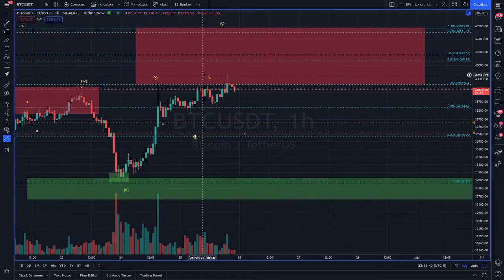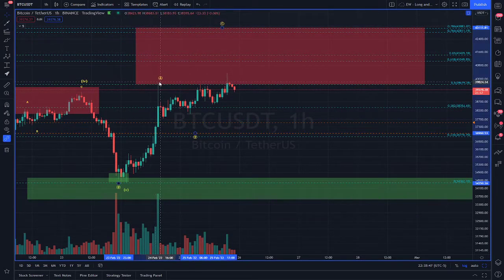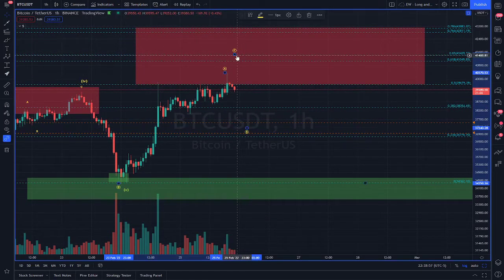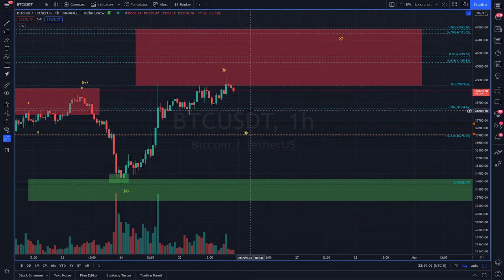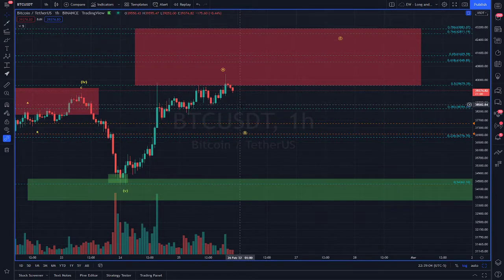Corrective structures can take many different forms. Is this A? Is that just a really truncated B and we're just moving up now for C? Or is this all part of A, and we still have a lower B and then a higher C? I'm not exactly sure which one of those is going to be true.